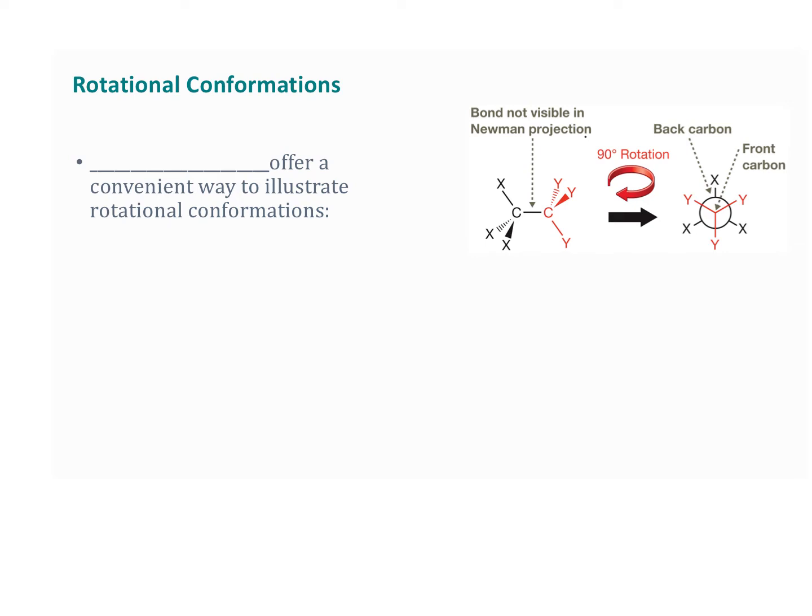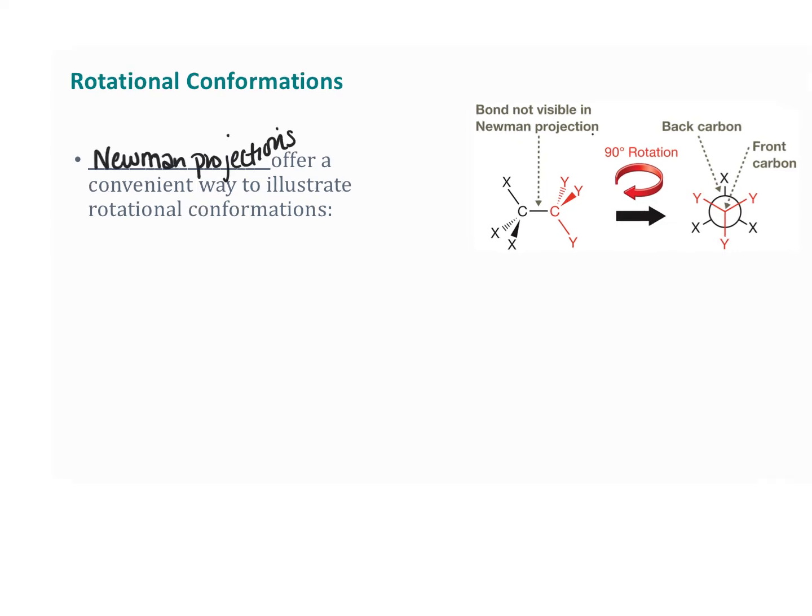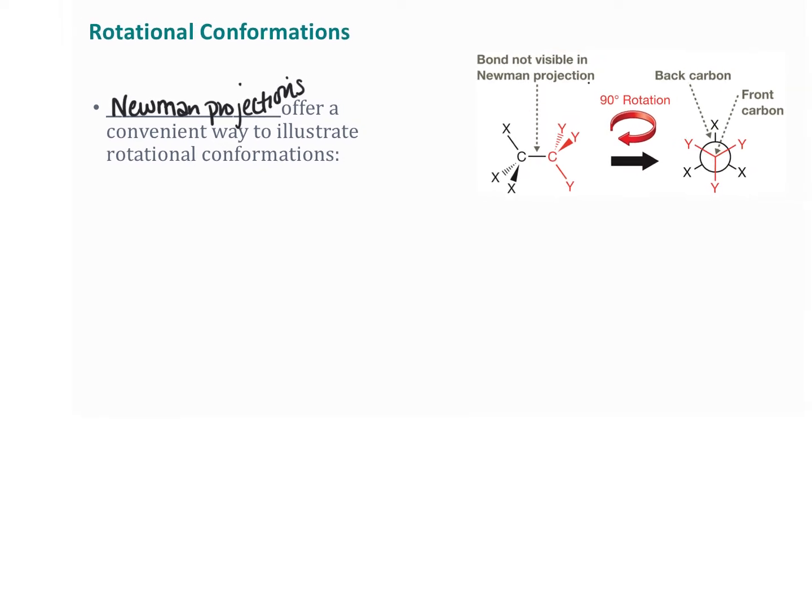One of the ways to illustrate rotational conformations is with Newman projections. Newman projections offer a convenient way to illustrate rotational conformations. A Newman projection is just this two-dimensional representation that we're shown here. It's viewed down the bond of interest.